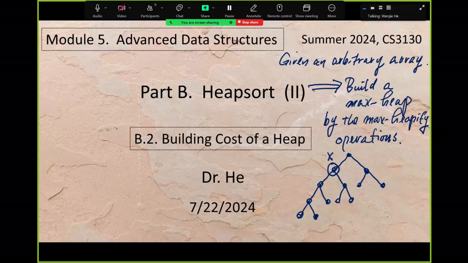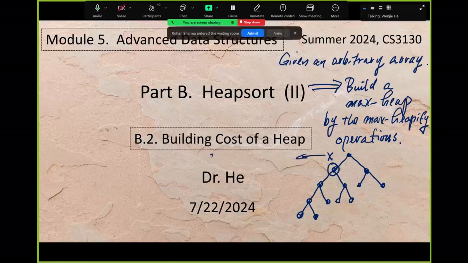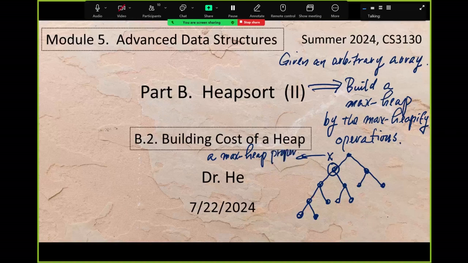This cross sign means there is a max heap property violation right here.